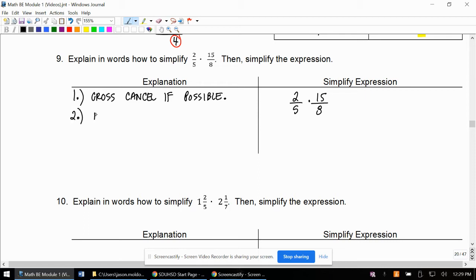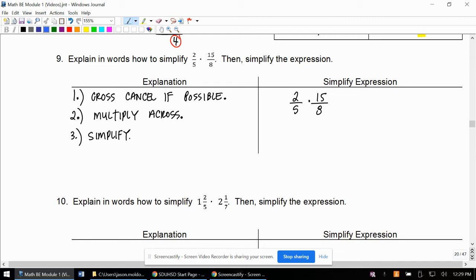Second step is we're going to multiply across. And then third step, we're going to double check that it is simplified. That will be really important if you don't cross cancel.